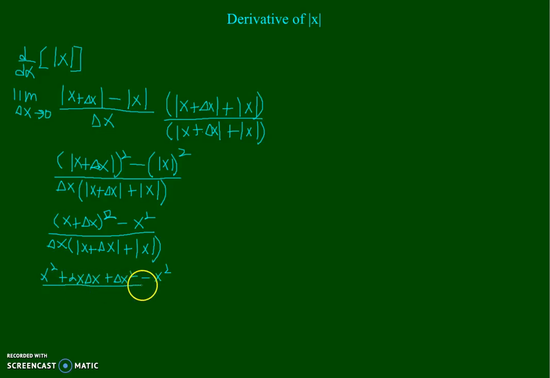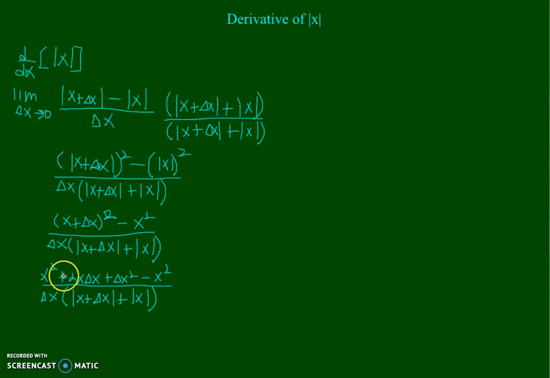And that's all over delta x times the absolute value of x plus delta x plus the absolute value of x.